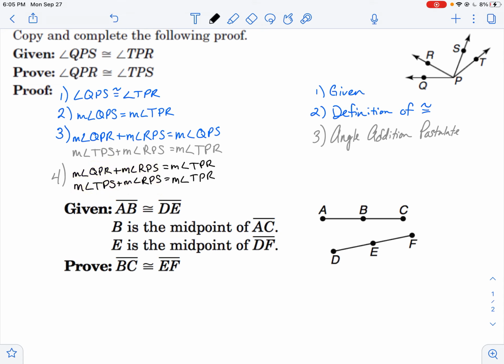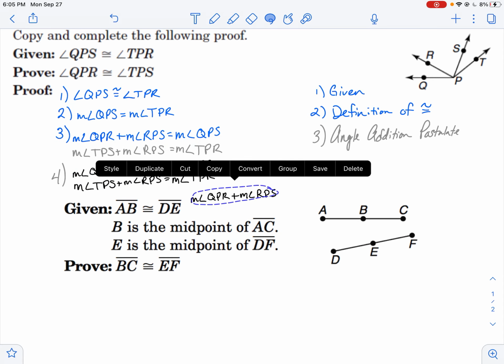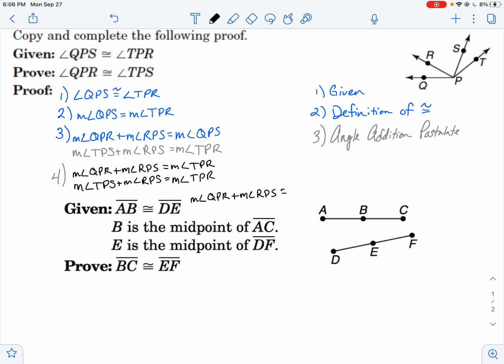In your next step, after you substitute that to write your one equation, so I would have this, where is it? This stuff here as my next step. I would say that equals this stuff. And then your next step, you can subtract RPS, and you get QPR equals TPS, and then of course you need to do your definition of congruence.